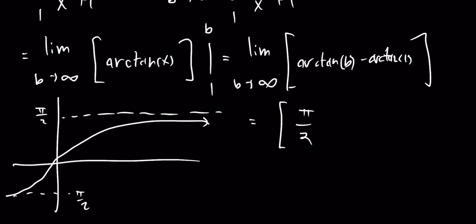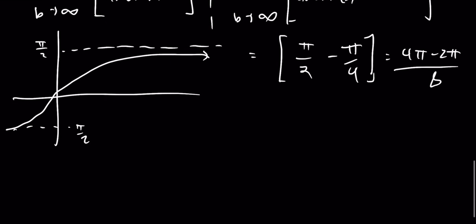And the arctangent of 1 is pi over 4, minus pi over 4. So we could unify the denominator. We'll have 4 pi minus 2 pi over 8, which is equal to 2 pi over 8, which simplifies to pi over 4. So our integral actually converges.